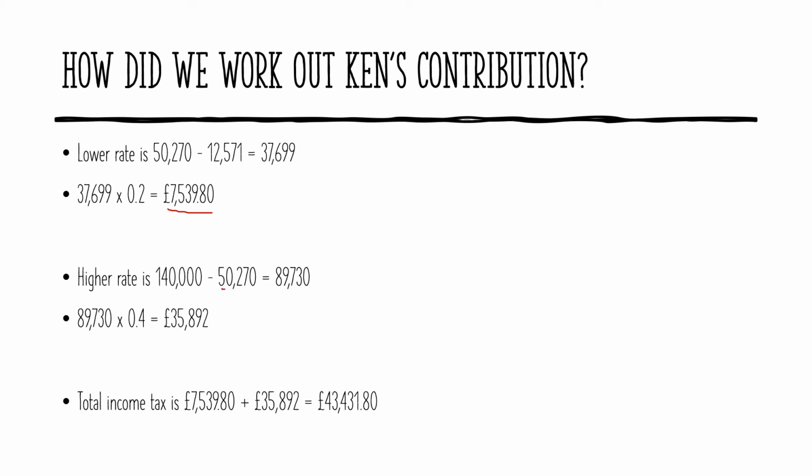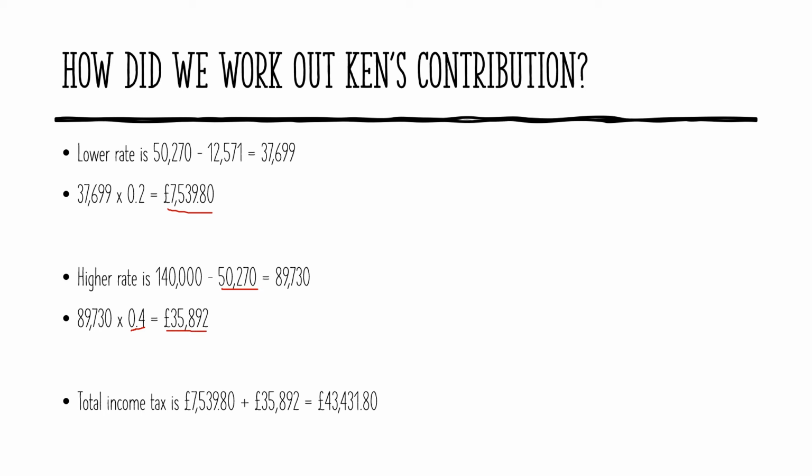And then when he crosses that threshold, between 140,000 and 50,270, he earns 89,730, and that he pays 40% on, which is where a large share of his income tax bill comes from. £35,892 he pays on that.